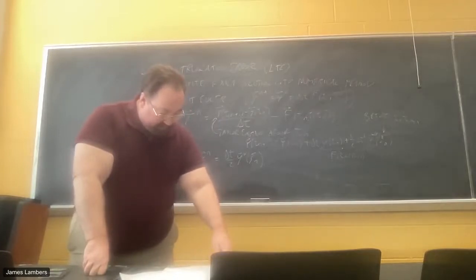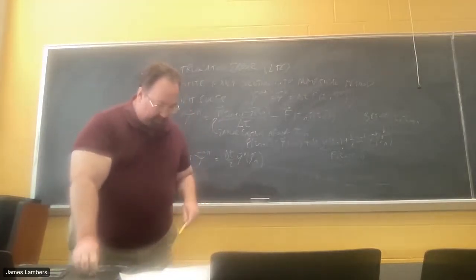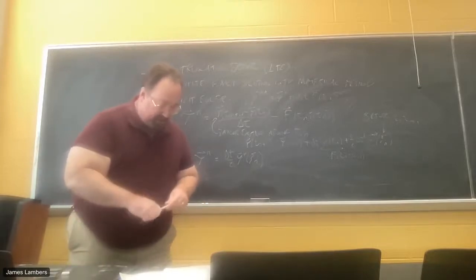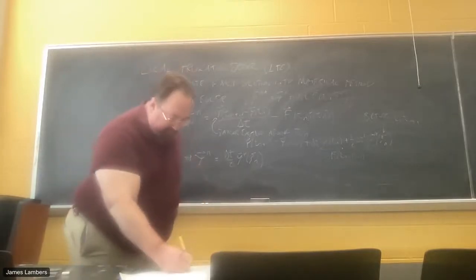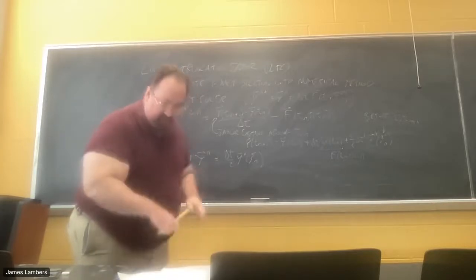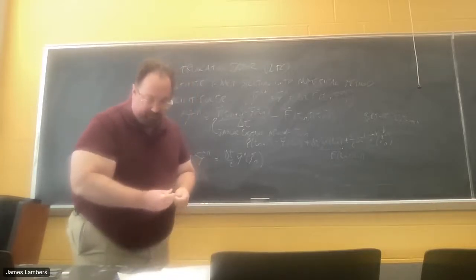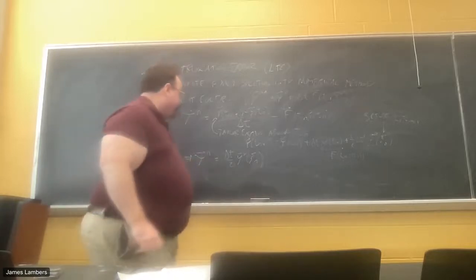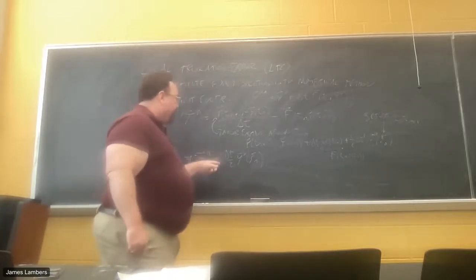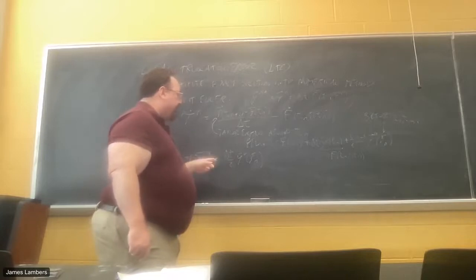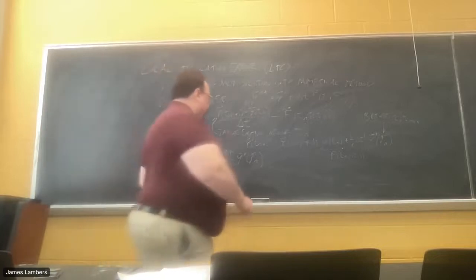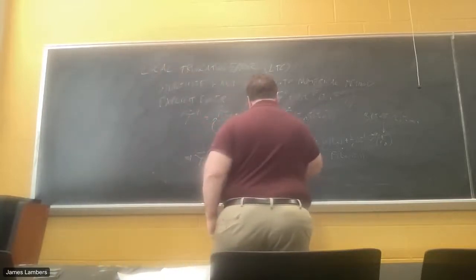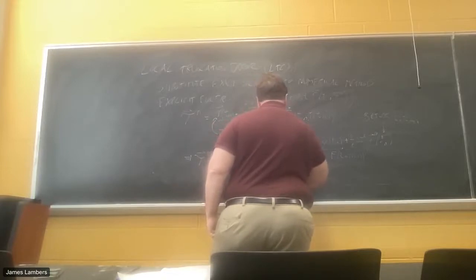Oh, a mistake here in the notes: I have the error is order h, but I'm not using h to refer to spacing. It's delta t. Because the local truncation error is proportional to delta t to the first power, big O of delta t, we say that explicit Euler, or forward Euler, is first order accurate.